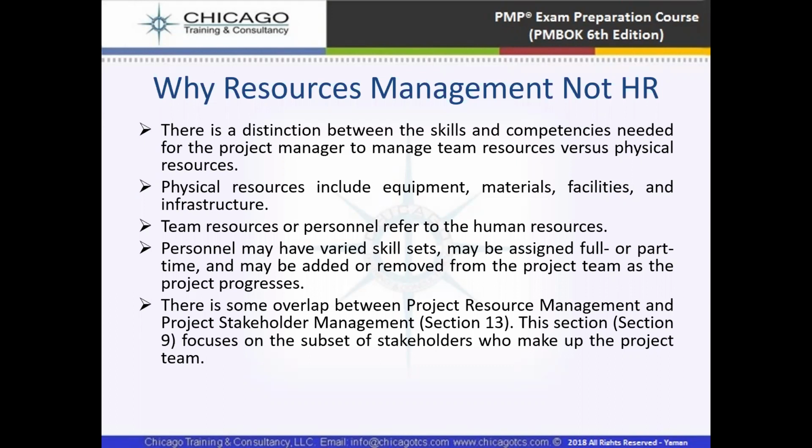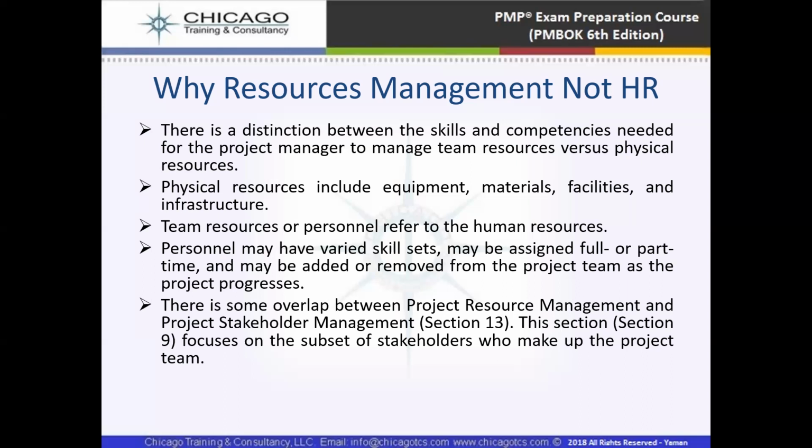So basically the slide tells us about the distinction between the skills and competencies needed for the project manager to manage the team resources versus the physical resources. What are the physical resources? Basically, our physical resources are the infrastructure, the facilities, the equipment, the materials, the tools, the software, or the computers. These are the physical resources.